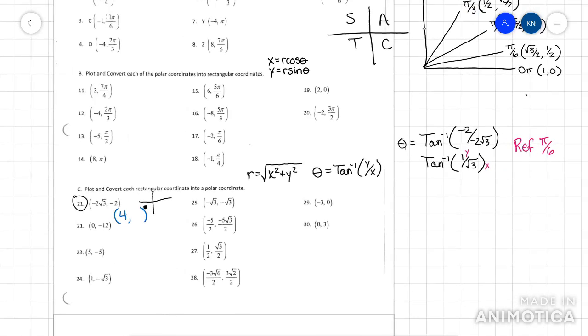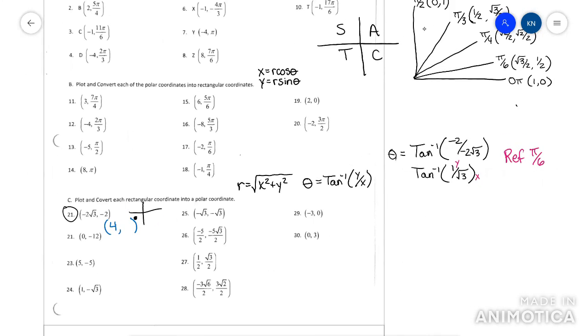Now, if you noticed when I did this problem, I graphed the original first. I graphed this coordinate first, because it tells me I'm in quadrant 3. So why this is important is because now you just need to give where this reference angle is in quadrant 3. So in quadrant 3, this angle would be at 7 pi over 6.